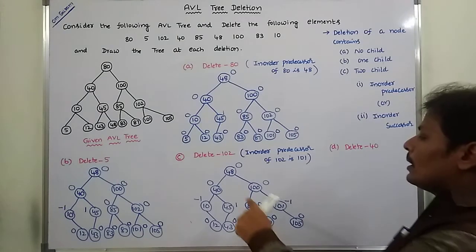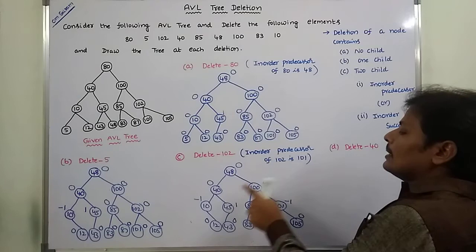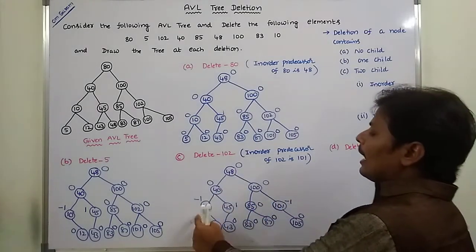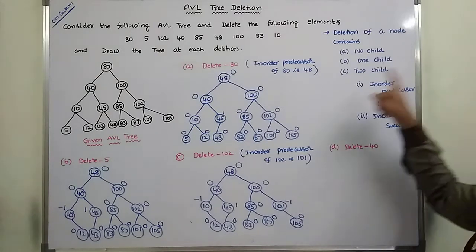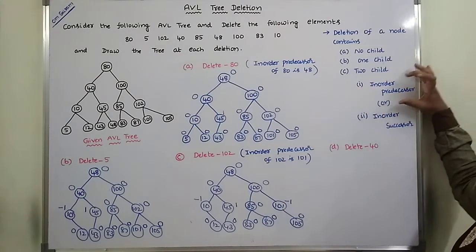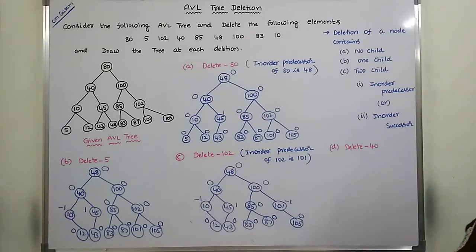Now the deleted element is 40. This element has two children, one left child and another right child. Whenever the deleted node has two children, it can be replaced with either the in-order predecessor or the in-order successor.